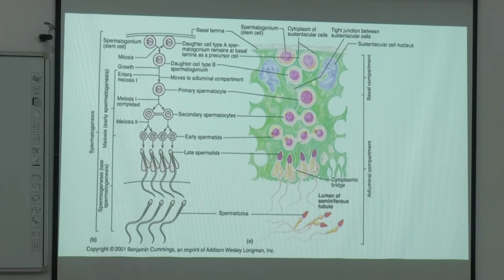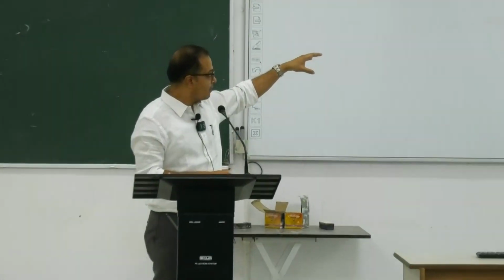Then the secondary spermatocyte goes into meiosis 2 and forms cells known as spermatids. Four spermatids are formed through meiosis 1 and 2 from a single primary spermatocyte. Up to this formation of early spermatids, we call this entire process spermatocytogenesis.